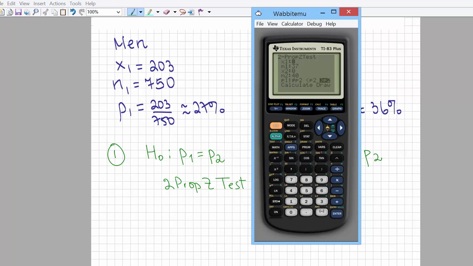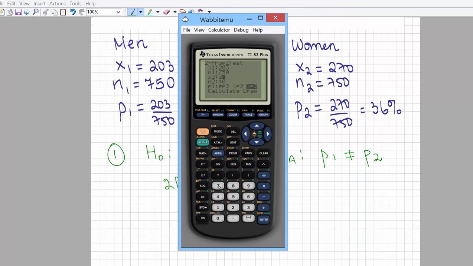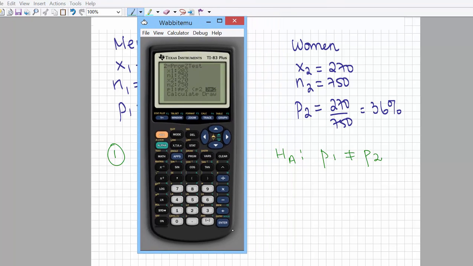So the first one is 203 out of 750, and then for ladies, 270 out of 750. Now I'm looking at my alternative hypothesis, and it's not equal to, so that's what I'm going to highlight. And let's go ahead and compute our p-value.